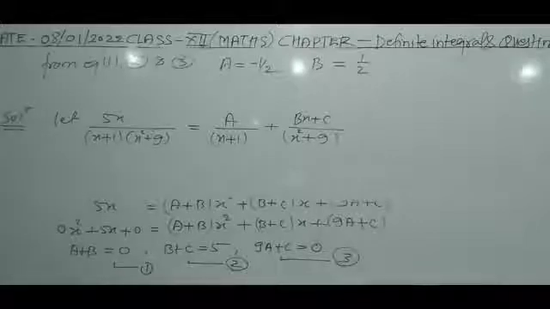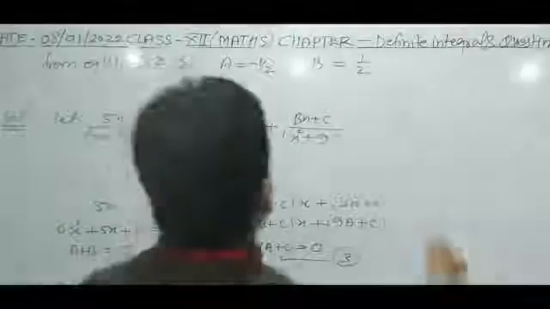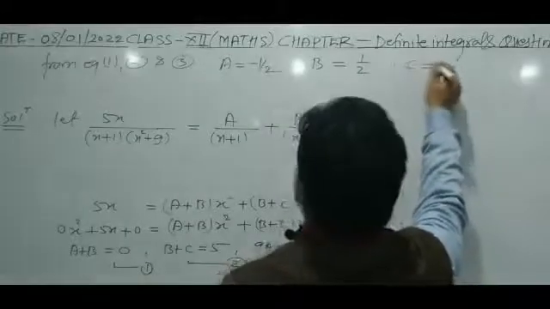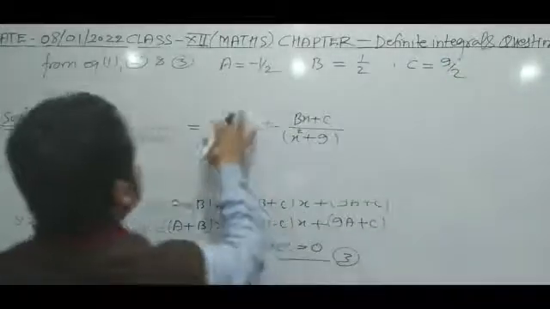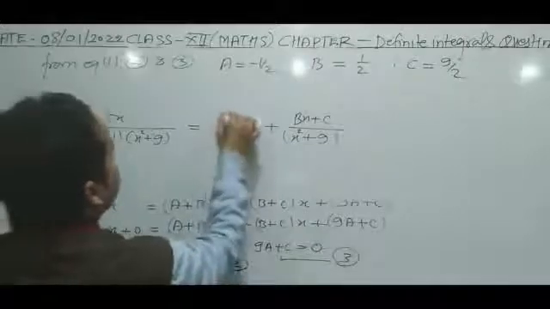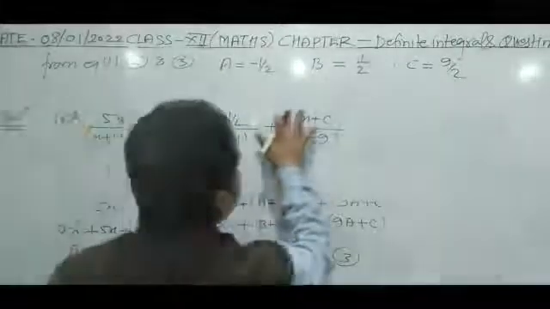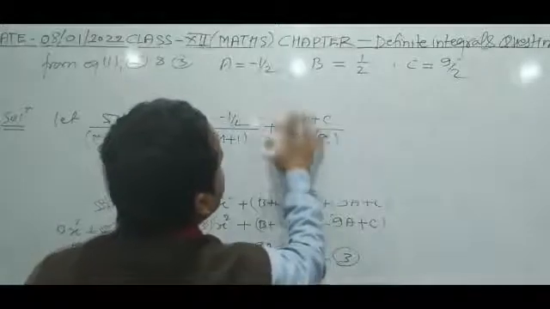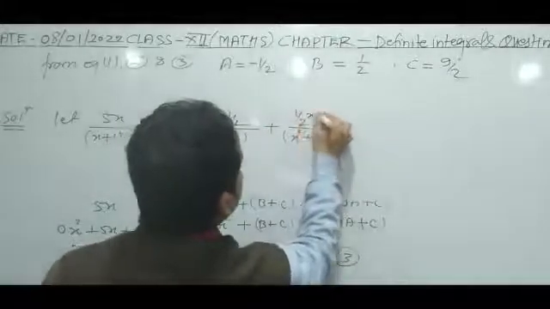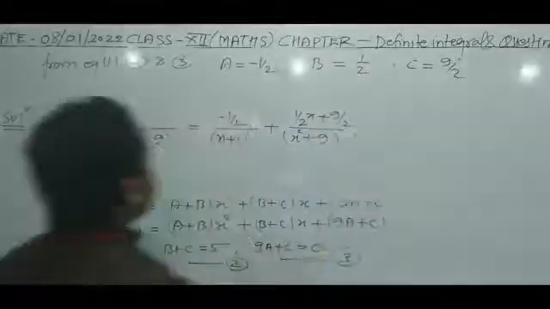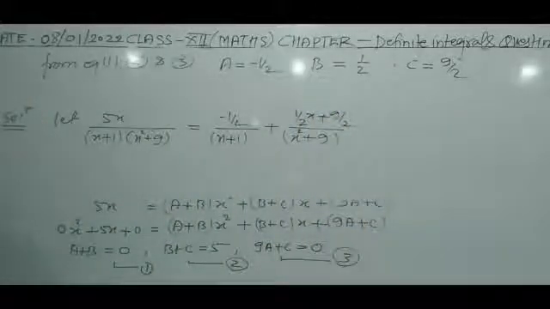So c is equal to 9 by 2. Then this term will be with minus 1 by 2 and this term will be (1 by 2)x plus 9 by 2. And we can integrate easily.